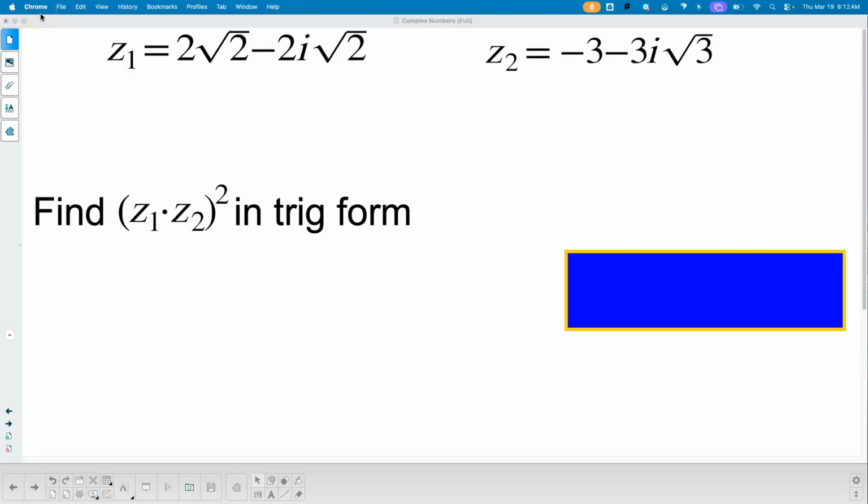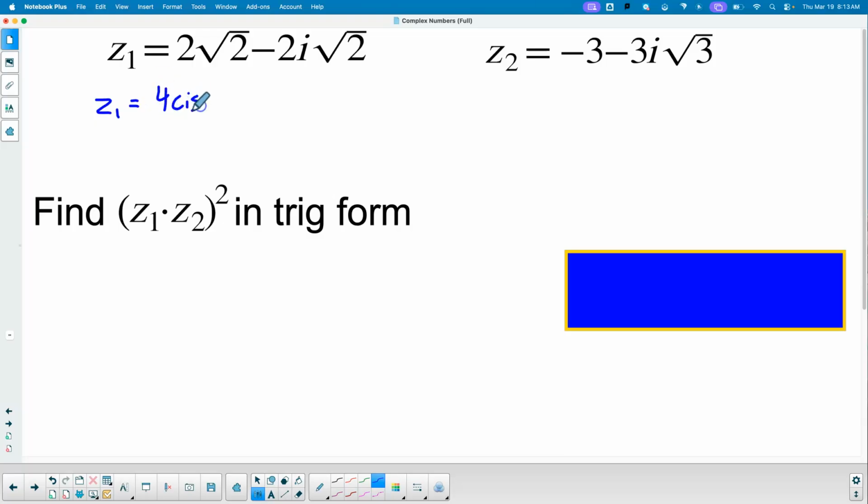Alrighty. So, Z sub 1 in terms of trig function would be 4, right? Because that's 8 plus 8 is 4. Yep. 4 cosine I sine of 315 degrees.